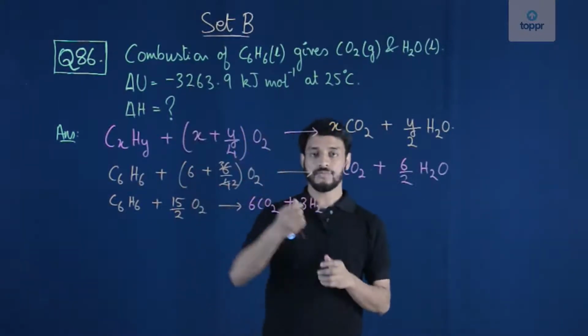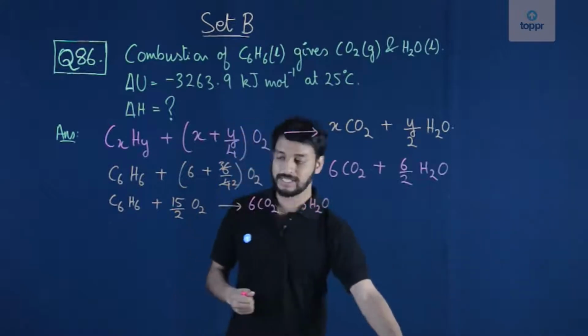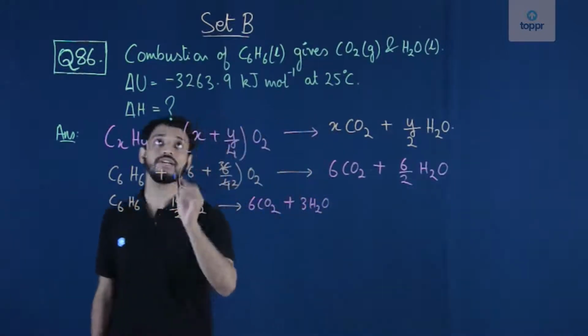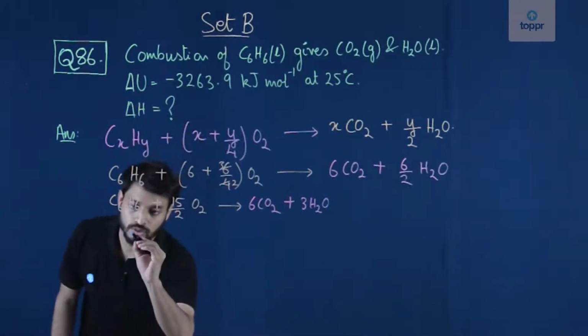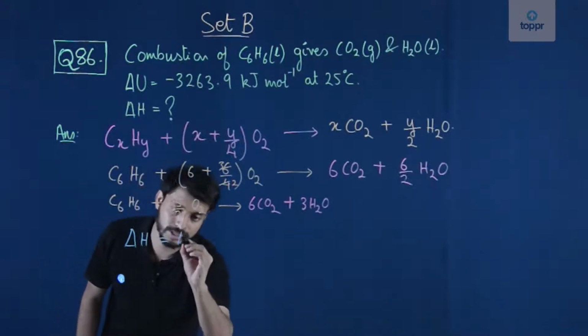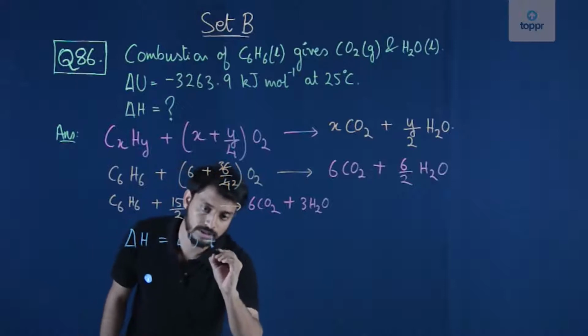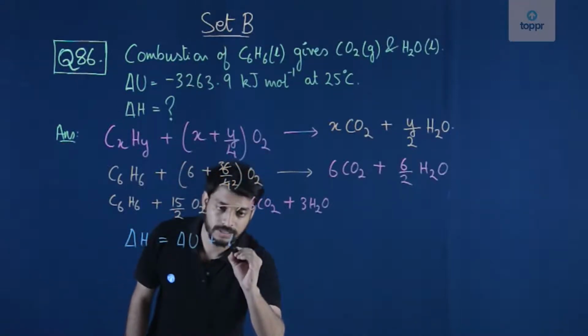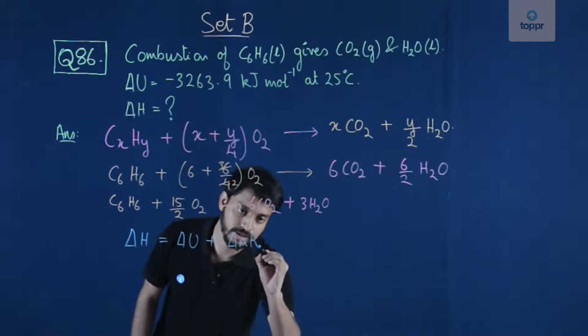Now, for the combustion equation, we state delta H is equal to delta U plus delta n RT.